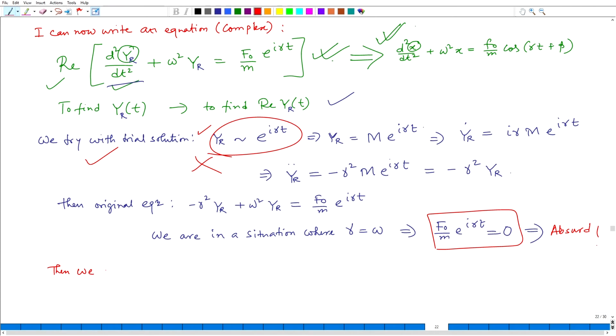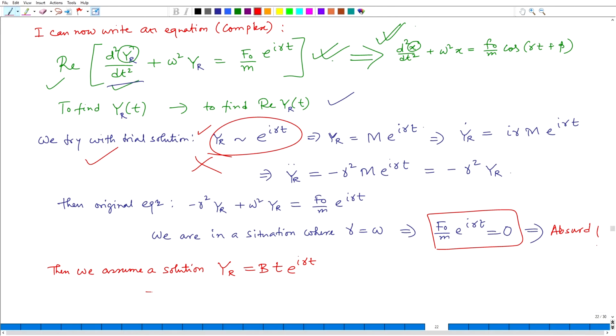we assume a solution which is proportional to t times e to the I gamma t, and b should be the constant of proportionality. Okay. So, b is a constant.